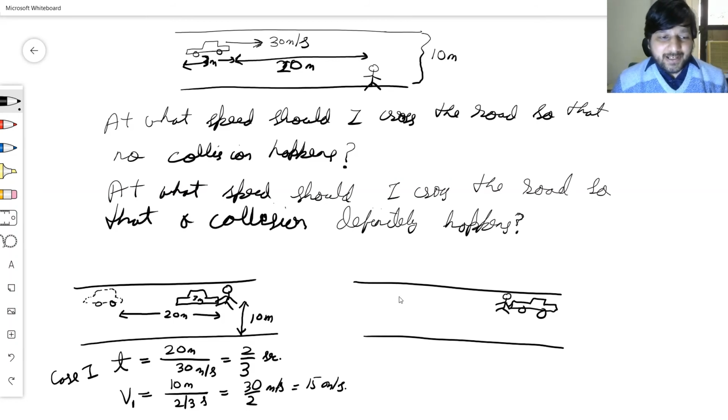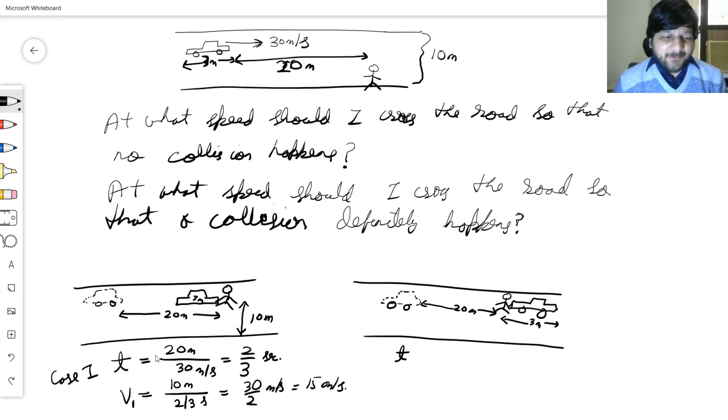Similarly, let's do case number 2. This is where the vehicle started off. And if this is where the vehicle started off, this is 20 meter. So how much has the vehicle's front bonnet traveled? It has traveled this 20 meter and additionally the length of the vehicle, which is 3 meters.